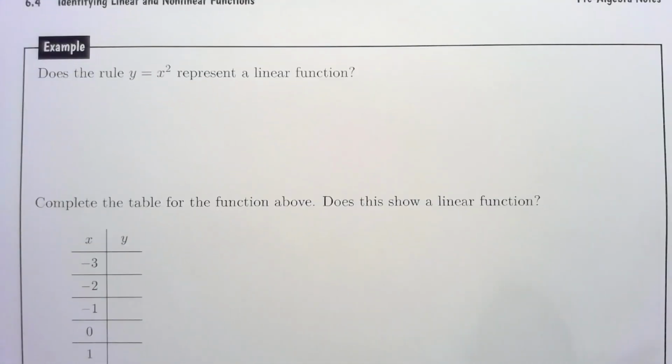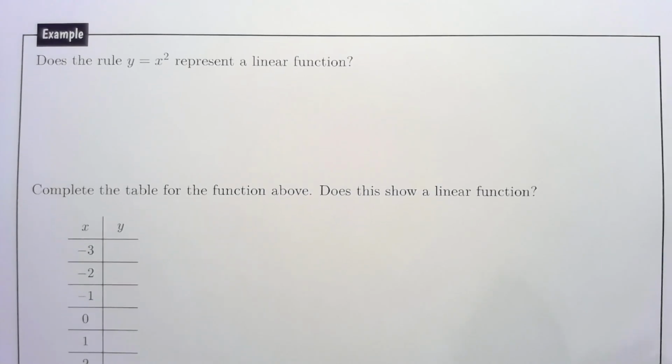So this one has the rule y equals x squared. Now, what we want for linear is we want it to be written y equals mx plus b. That's not going to work, because y equals mx plus b means all we're doing to our input, x, is multiplying it by a constant and possibly adding a constant.